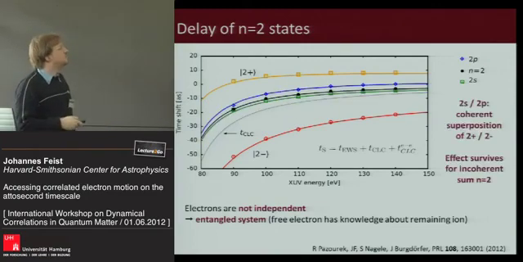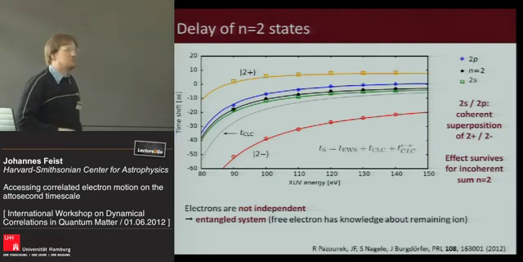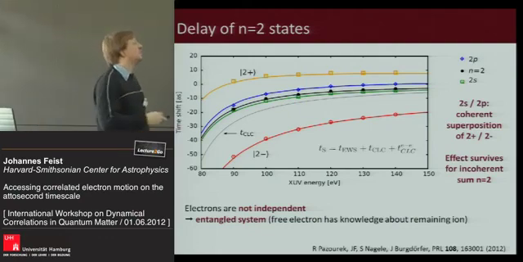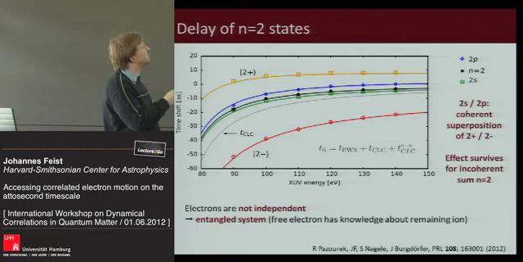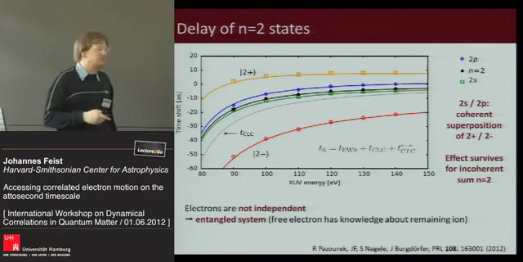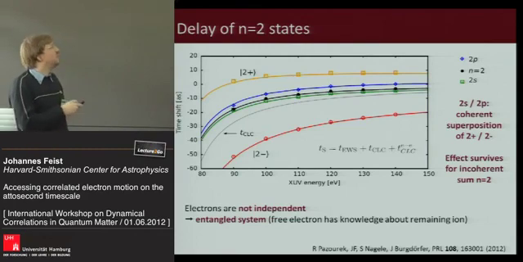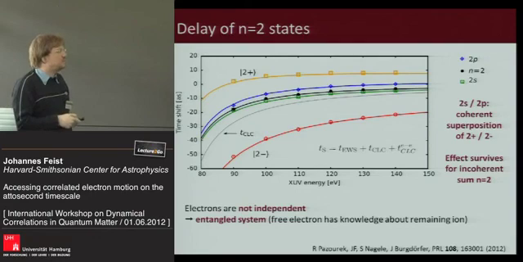And now, by taking into account that the 2s and 2p channels are just coherent superpositions of the 2+ and 2- channels, we can also reproduce the numerical results for 2p and 2s, and of course the average, the incoherent sum. And interestingly, this effect survives even for the incoherent sum of n = 2.